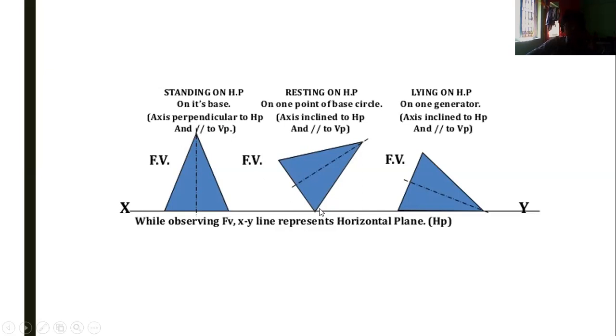If the question asks that one point of the base lies on the horizontal plane and makes an angle with the horizontal plane, then it would be in this manner. If it is asked that the generator is lying on the horizontal plane, your drawing will be like this.